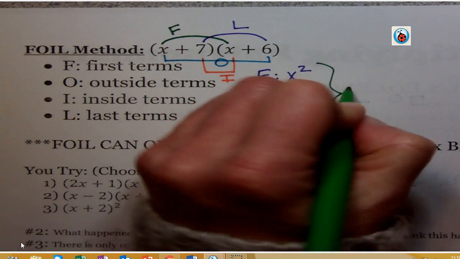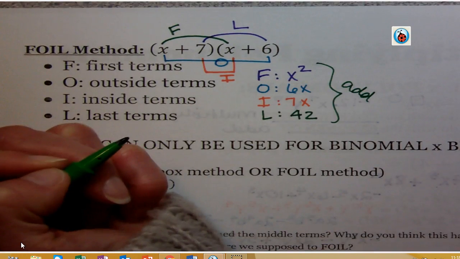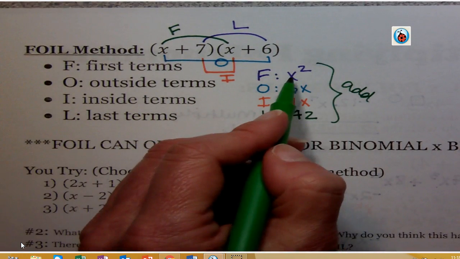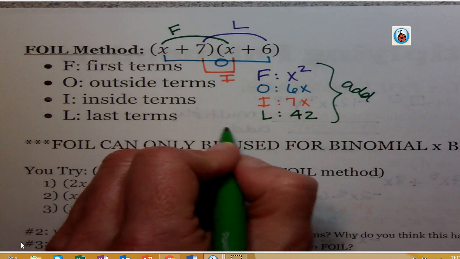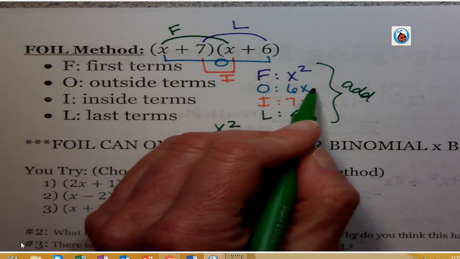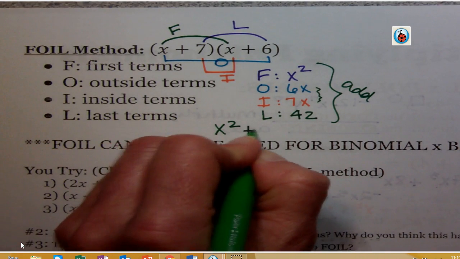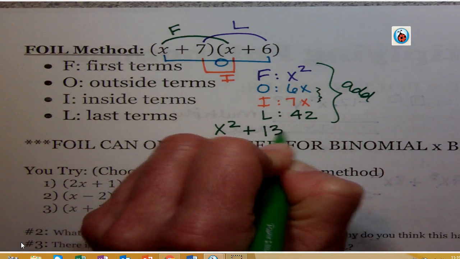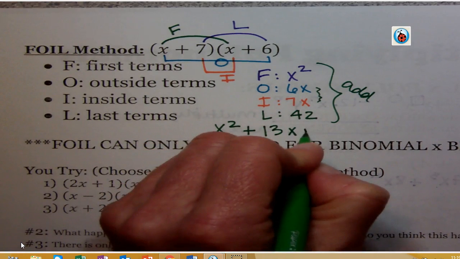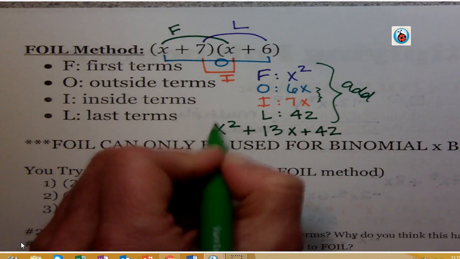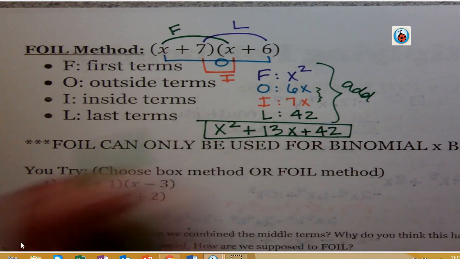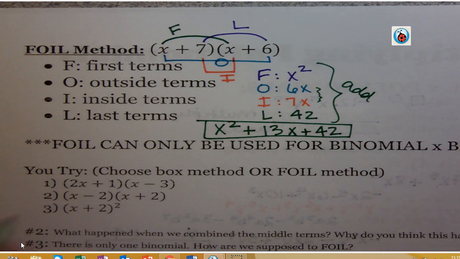Then I add these together. I have no like terms with this, so that stands by itself. These two are like terms, so I can add them together and get 13x and then 42. There's no other single digits. Okay? Do those. Pause this video and work those on your own if you haven't already.